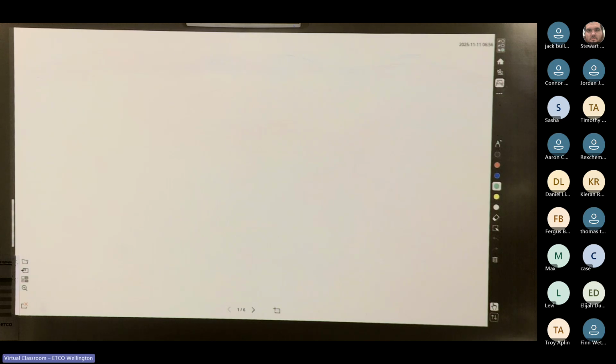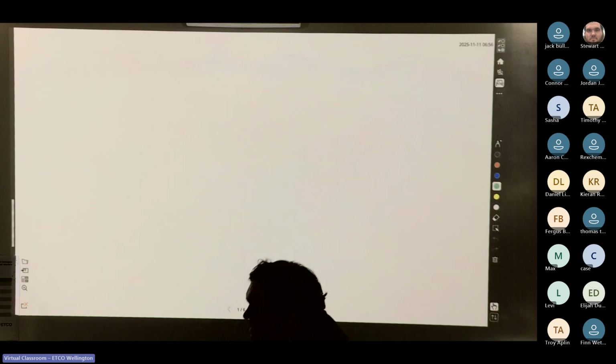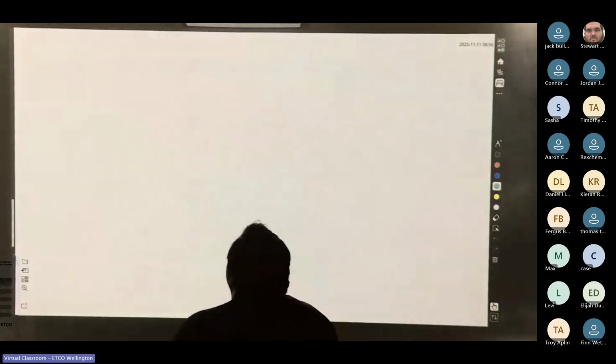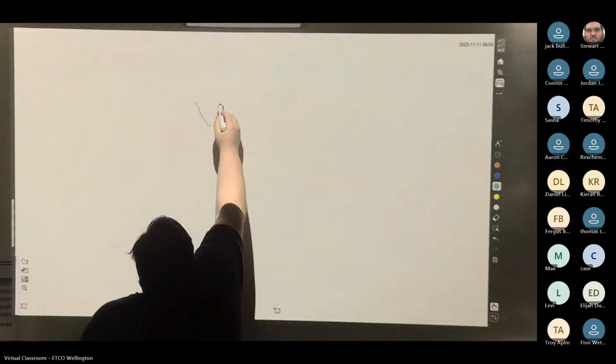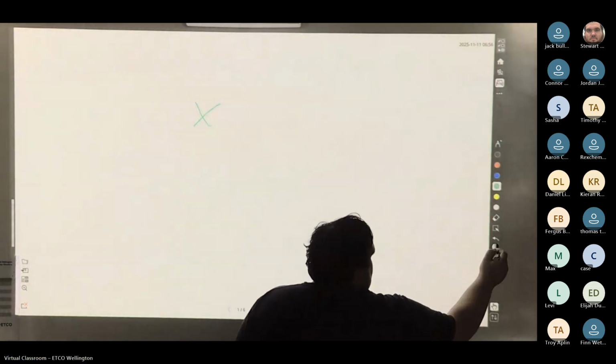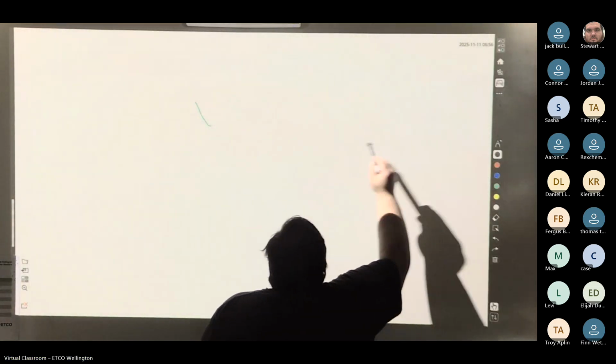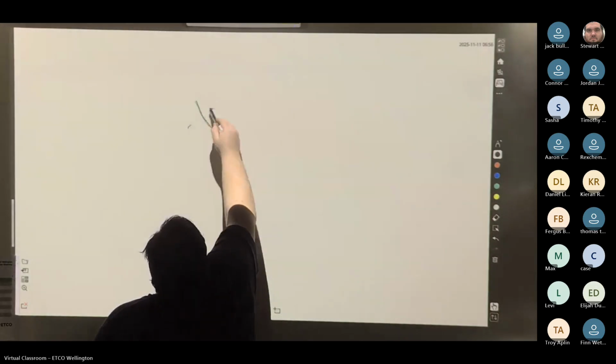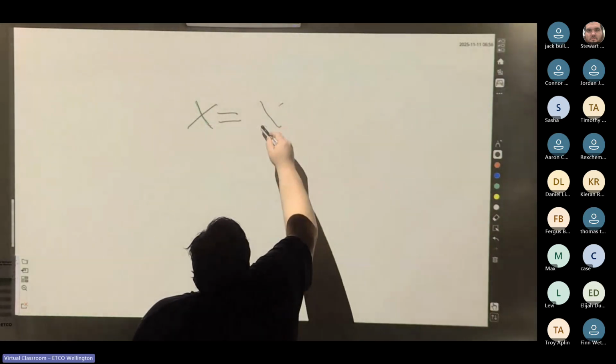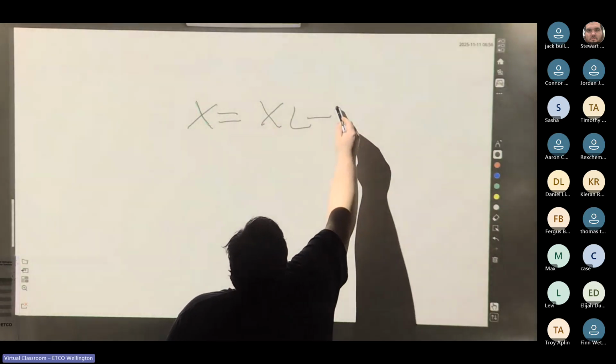Cool. So, 230-volt AC supply. We need to find the net reactance. So X equals XL minus XC.